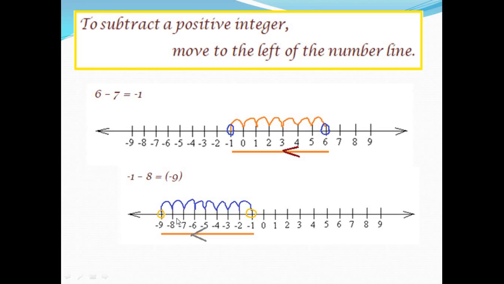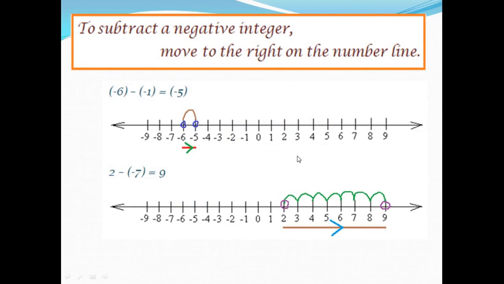According to the rule, we have to start from negative 1, moving to the left by 8 units. So, let's start from negative 1 and moving to left side by 8 units, we reach at negative 9. So, the answer is negative 9.